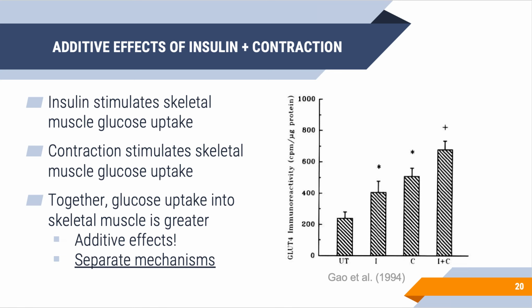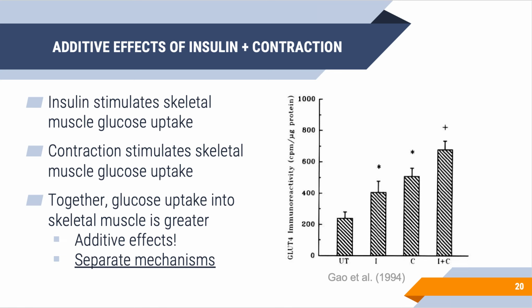What I want to highlight here is that now that we know there's insulin-stimulated and contraction-mediated glucose uptake, these are additive pathways. Insulin stimulates skeletal muscle glucose uptake. Contraction also stimulates skeletal muscle glucose uptake. And together, there's an additive effect where there's even greater skeletal muscle glucose uptake with both pathways together.